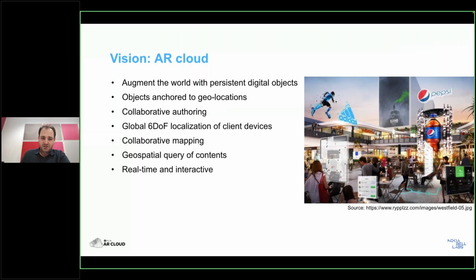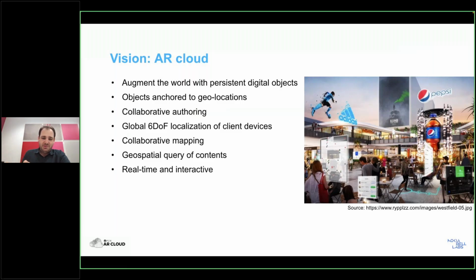So Jan-Erik touched on this vision of the AR cloud. There's a nice picture also found online. The idea is about geolocated digital contents. These contents can be anything, videos, even applications that others can discover at a space, and they are pinned to these locations. The contents are usually freely available for anyone, and the contents are created collaboratively.